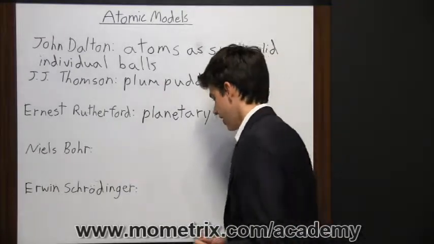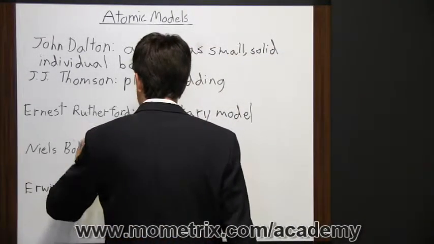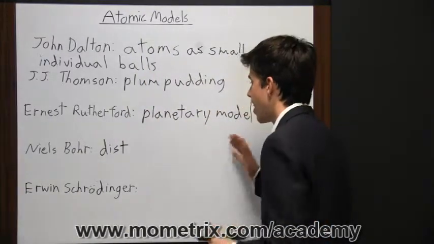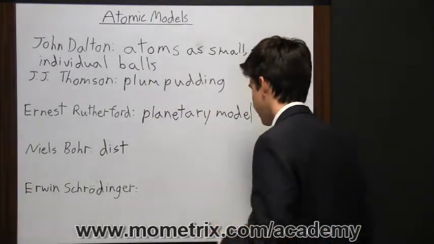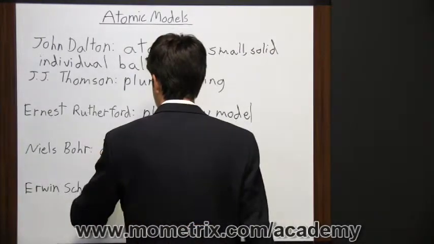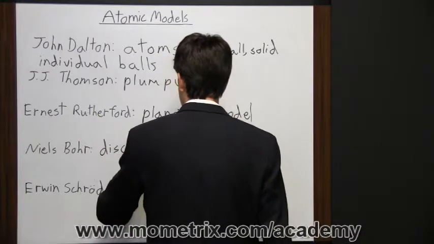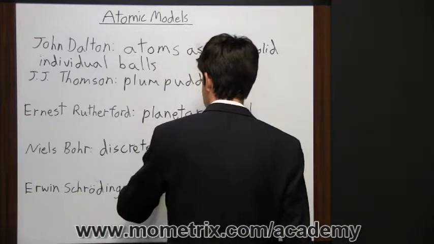Then Bohr came up with the idea, building on the planetary model or modifying the planetary model, to say that the electrons orbited the nucleus in discrete circular energy levels or shells.